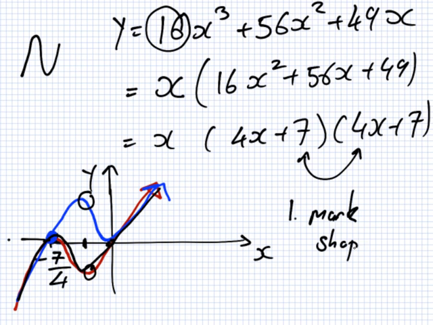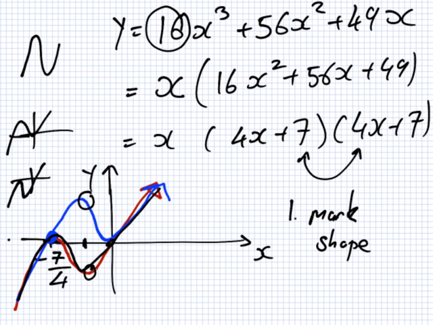So for example, in this question, if I drew the graph like this, when it should have been the red one here, I got 1 mark for having the right shape.